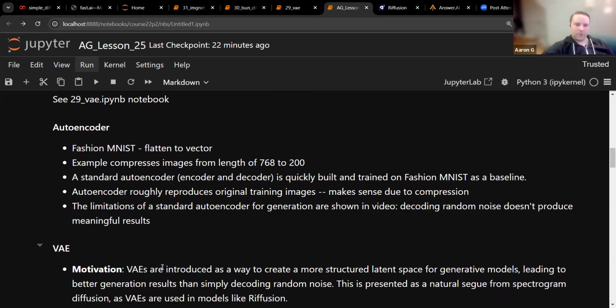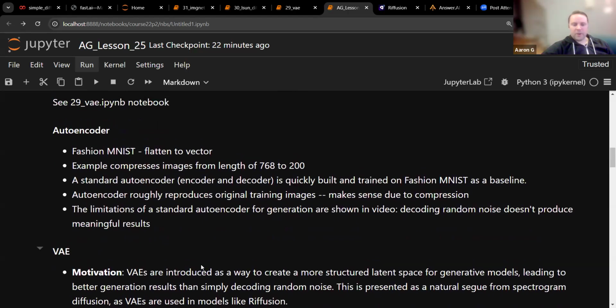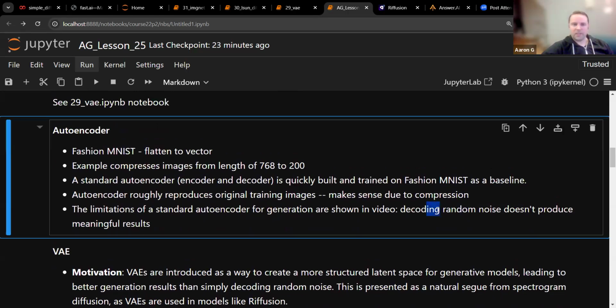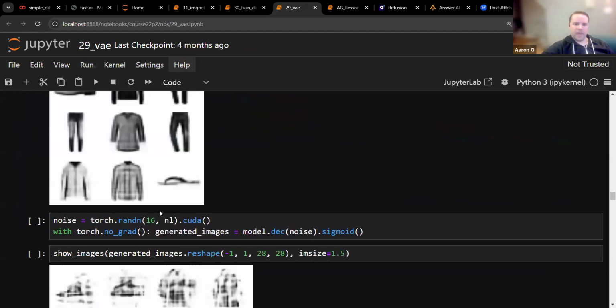It's not going to produce high resolution images. And so then the other thing they talk about is, these standard autoencoders are not really good for generation. They're good for compression. But it's not going to do a good job if you're starting with random noise. It doesn't really decode back to something that looks similar to your original training data. And we can see some examples of that.